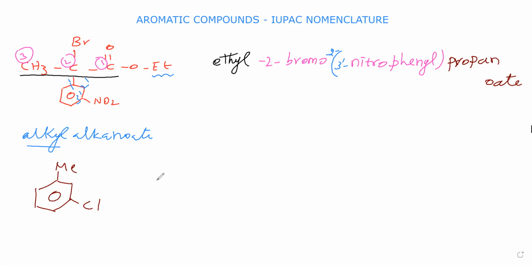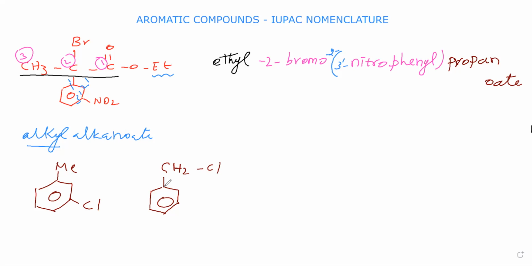Next we will take CH2Cl with this phenyl ring. Now we will take the just now written compound. In this compound, the phenyl ring is having a CH2 group.